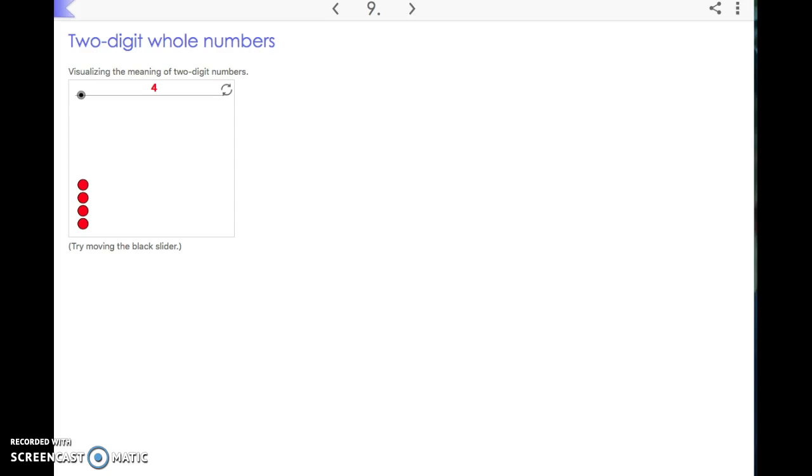So can everyone use their base 10 blocks and make the number 8 for me? And when you're ready, you can look up at the screen. Here we have 8. Notice the color.